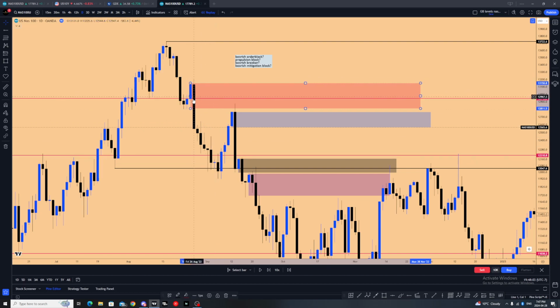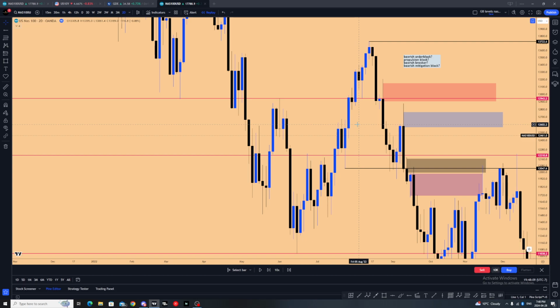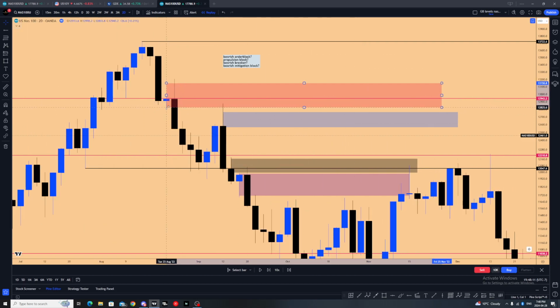Now, I may have just mapped out the daily version, which is this up candle, but if you go on the 2-day chart, you will notice there is this over here as well, which is the 2-day bearish order block.